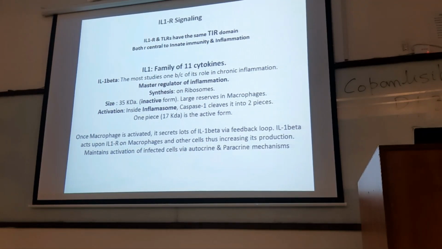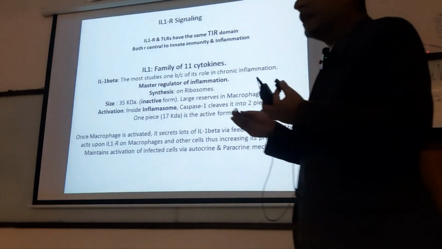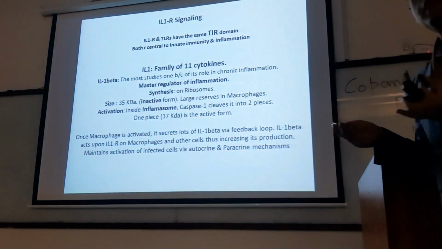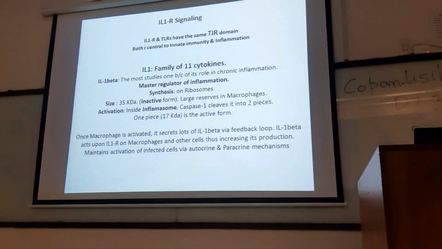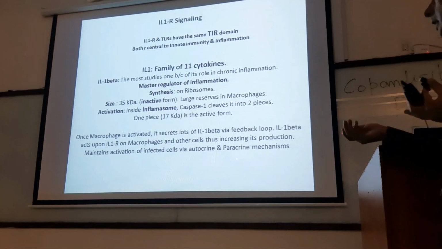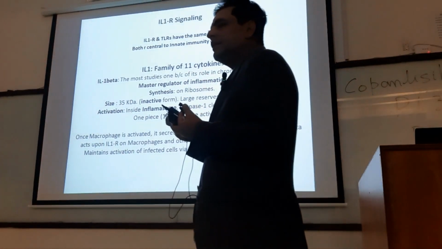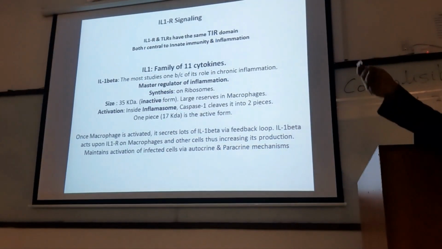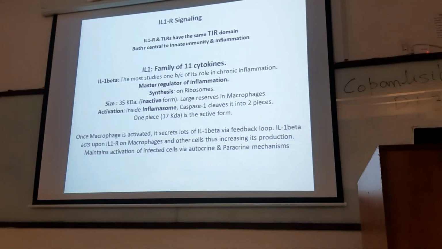Autocrine is when the same cell that makes interleukin-1 beta is acted upon by the same interleukin-1 beta after it is secreted. And paracrine is when one cell makes interleukin-1 beta, secretes it, and it acts upon some other cell.